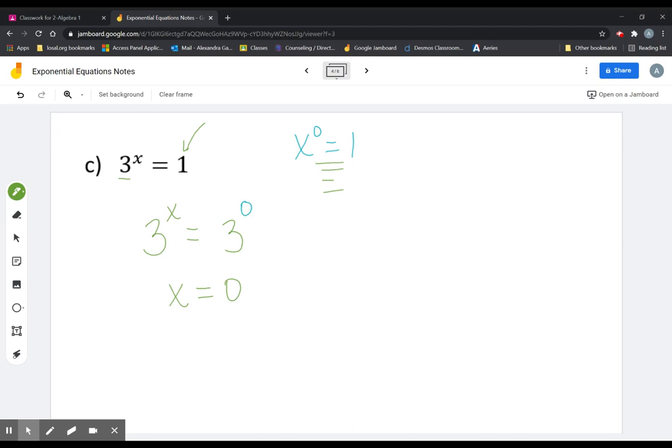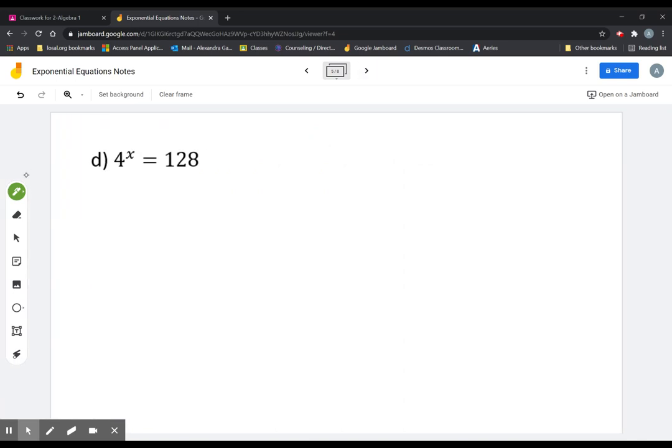Then our last example for this video is 4 to the x is equal to 128. So 4 to the x power, I have to think, can I write 128 as 4 to a power?